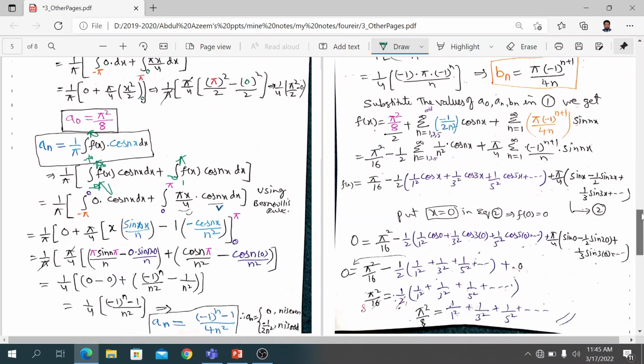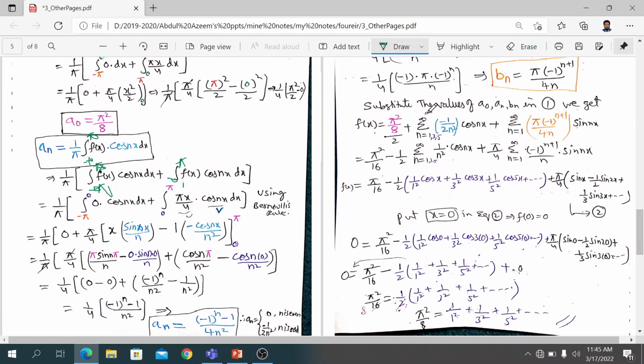Now substitute the values of a naught, a n, b n in the first equation. F of x equals pi square by 8 by 2 plus sigma n equals, I am taking odd values 1, 3, 5 to infinity, minus 1 by 2 n square cos nx, plus sigma n equals 1 to infinity, the bn value, pi minus 1 power of n plus 1 by 4n sin nx.